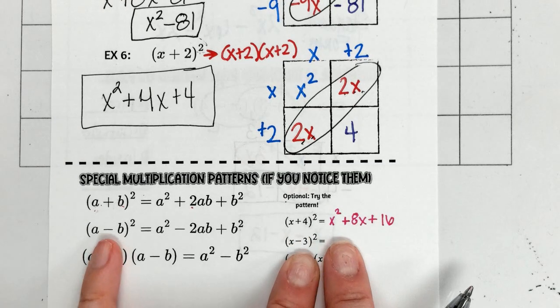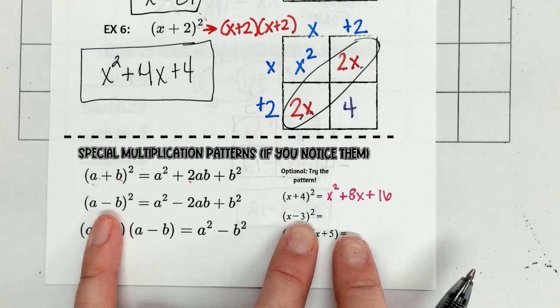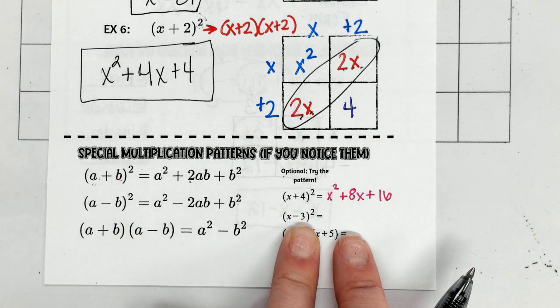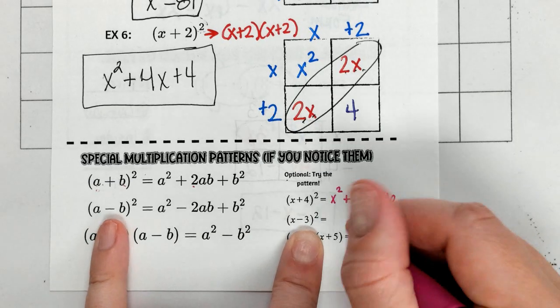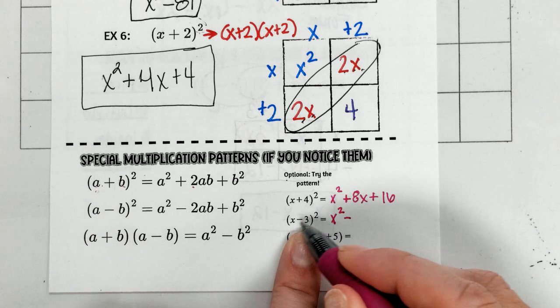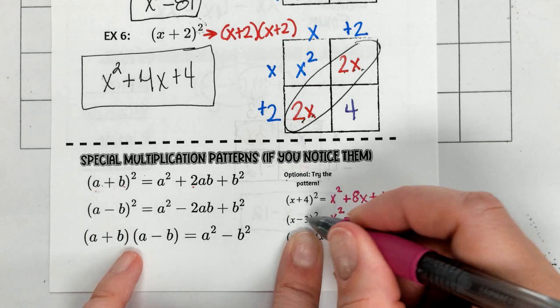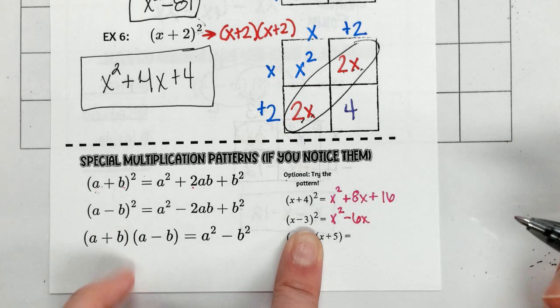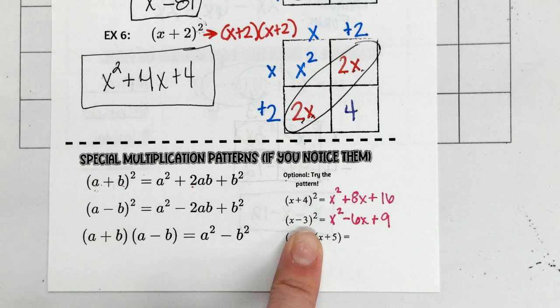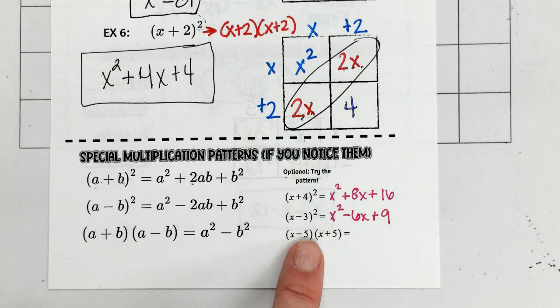And there's a very similar pattern if it's a different squared. The only difference is that second sign. So this one would be x squared again, but it'll be minus 6x, because it'll be the product of these times 2, so 6x, and then plus 9. Okay?